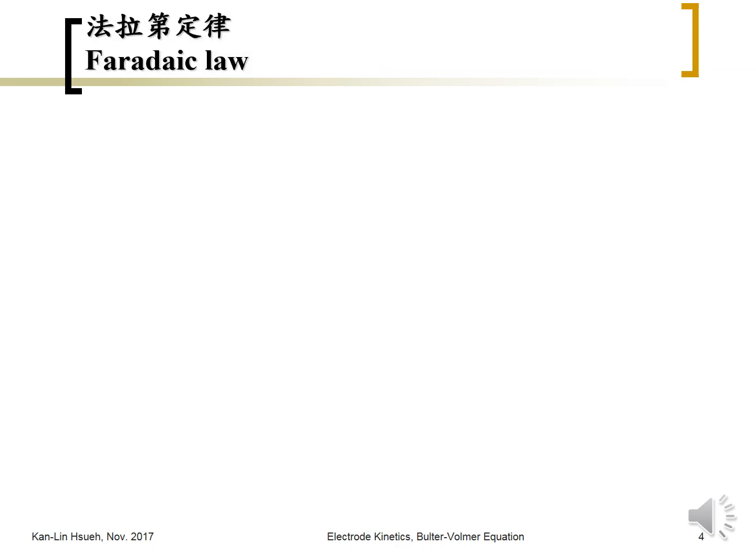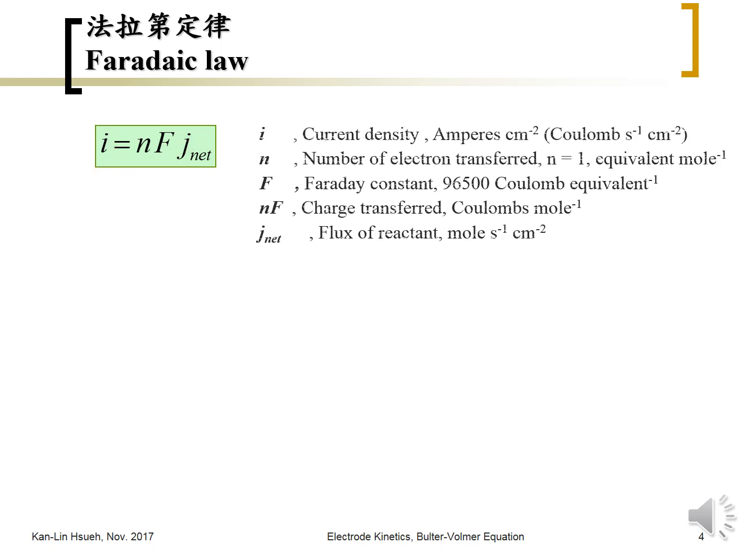Here we use Faraday's law to convert the electrochemical reaction rate into the current density. The definition of each item is like this. I is the current density, in amp per centimeter squared. The amp is a coulomb per second. N is the number of electrons transferred.